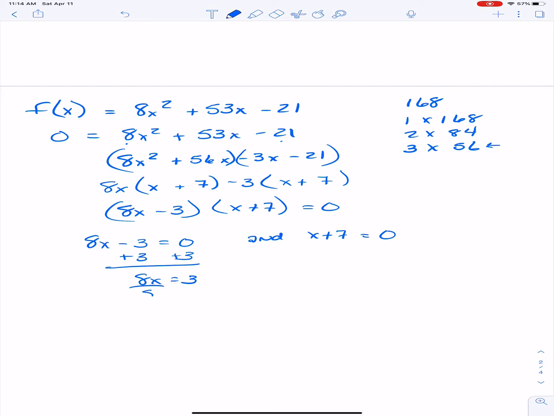I'm going to divide by 8. Okay, and so x equals 3/8 on this side. And then over here, I'm going to subtract 7 from both sides. And so x is equal to -7. So our roots for this function are 3/8 and -7.